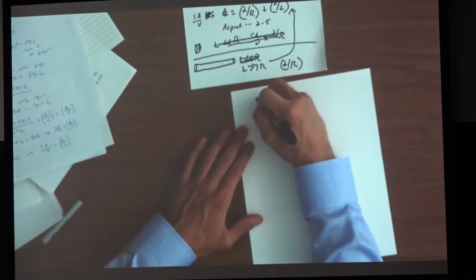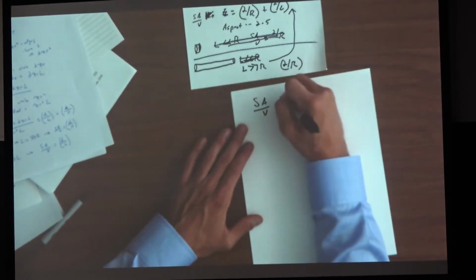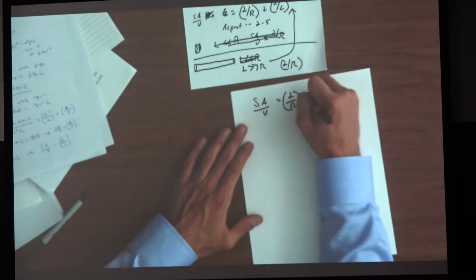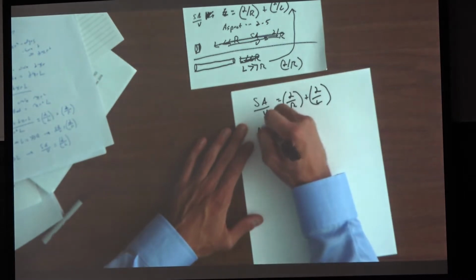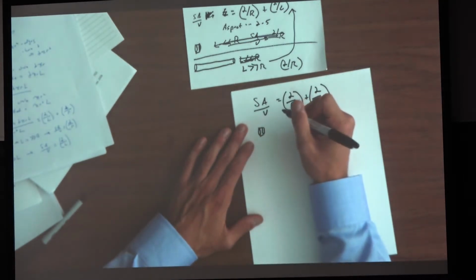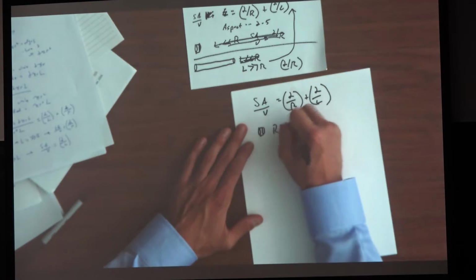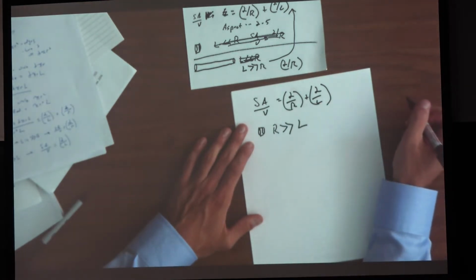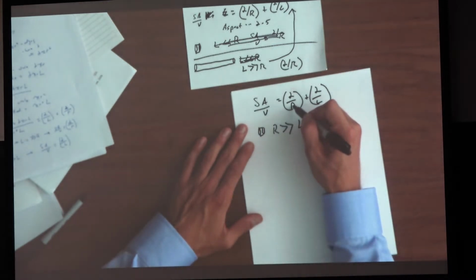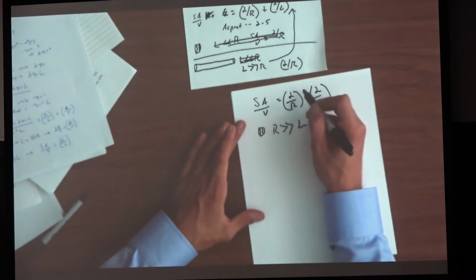Let's do it again. So we know that our surface area to volume for any generic tube is 2 over R plus 2 over L. So for a nanodisk, where the radius is much, much bigger than the length, we're going to be dividing by a bigger and bigger number, so this term can essentially be ignored.